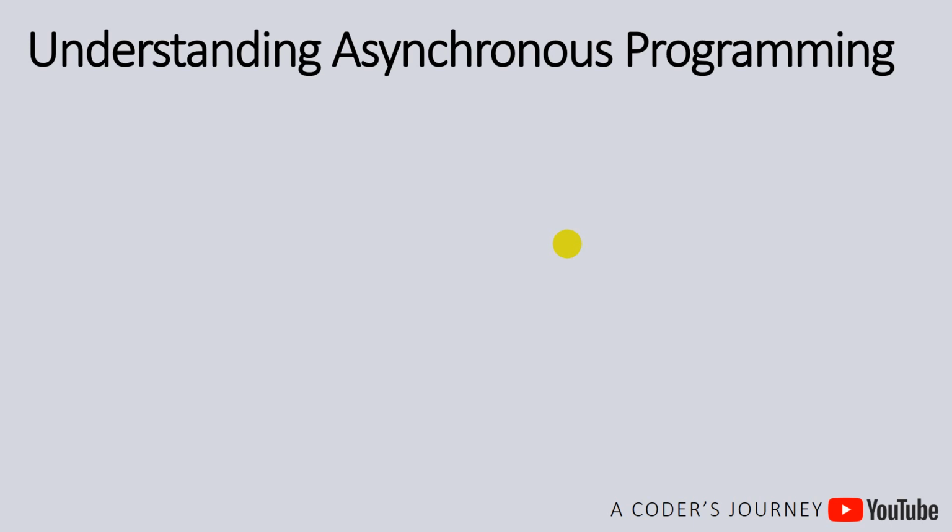This is the second video of my series on using promises in JavaScript applications. And in this video, I want to talk a little bit about asynchronous programming before we dive deep into the concepts of promises in JavaScript. So asynchronous programming is a very important concept to understand.